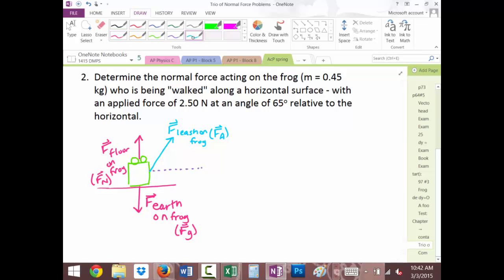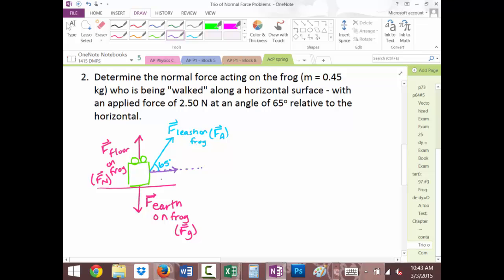Because this force is acting at an angle of whatever it was, 65 degrees, can we break that into two pieces? Like one that's acting in the x direction and one that's acting in the y direction. Are you with me there? Is that okay? Yeah. I've got one that's going over like this.